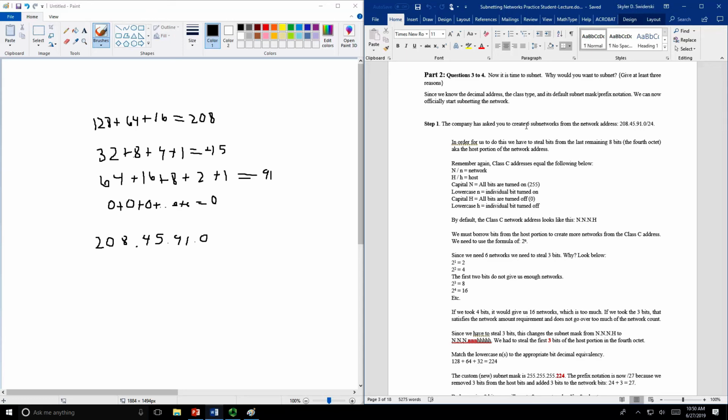Since all the bits are turned on, we give it a capital N, representing that all the bits in that octet are network bits, and there are no bits turned off, which would represent hosts.